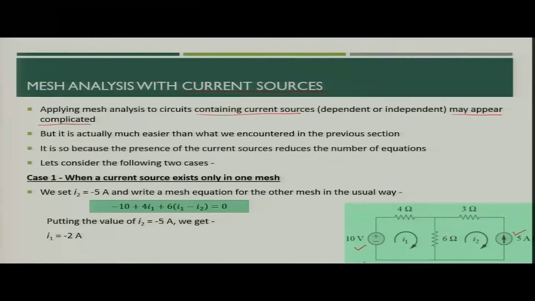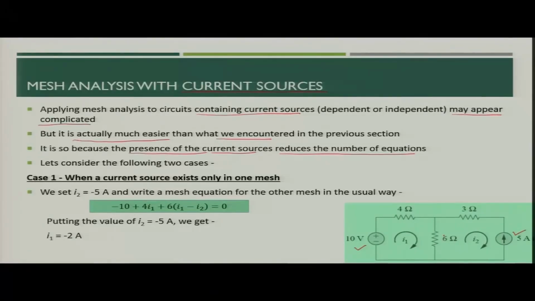So, at first instant you see that this is a little bit complicated circuit and difficult to solve, but actually it is much easier than what we discussed till now. How? Because the presence of the current source reduces the number of equations. So, because of this the number of equations would be reduced and it is much easier to solve these kinds of circuits.